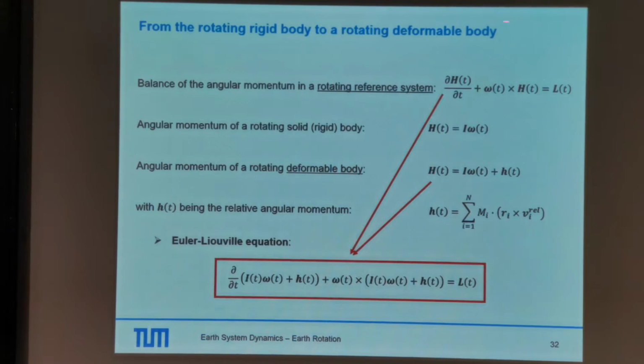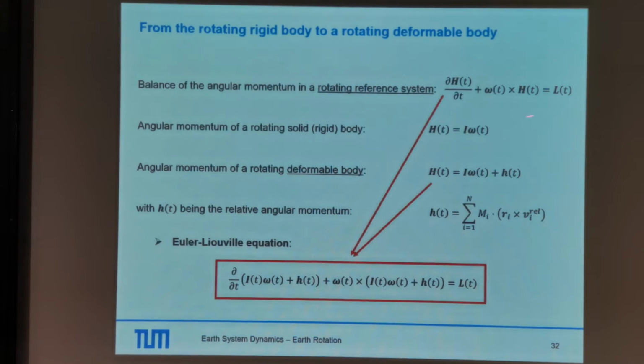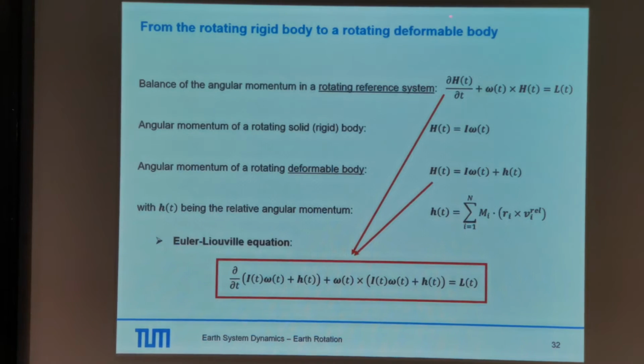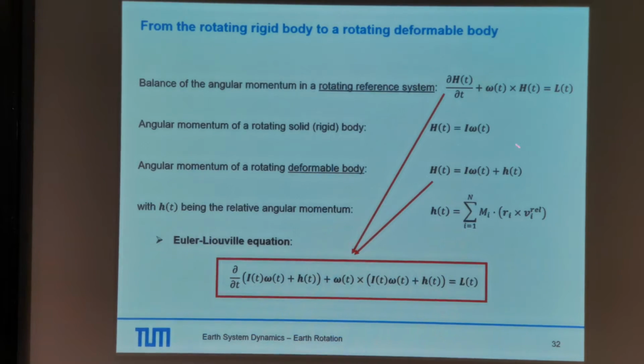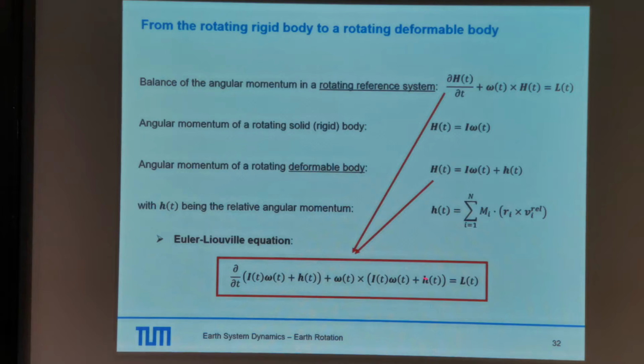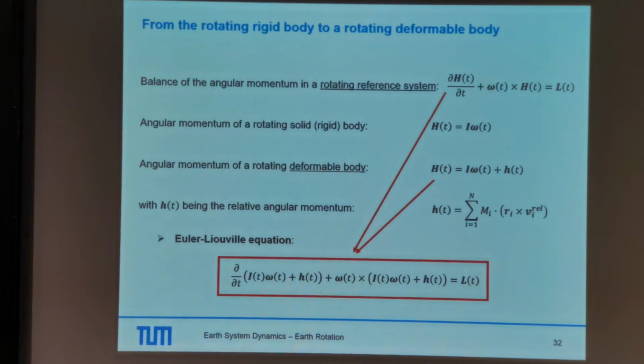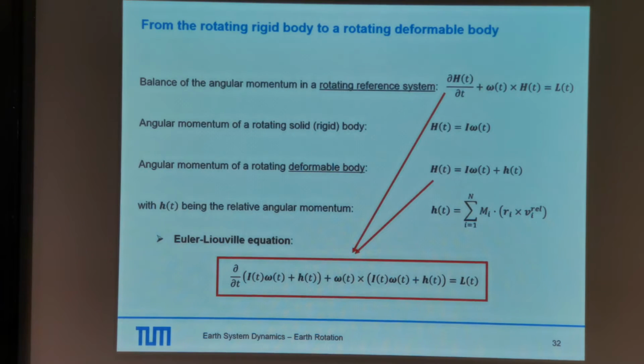If we take the first equation, the Euler equation, substitute the capital H by this expression taking into account the tensor of inertia, the angular velocity, and the relative angular momentum, and insert it here, plus omega cross, and this expression is equal to the external torques, then we end up with this equation, and this is the famous and really important Euler-Liouville equation.